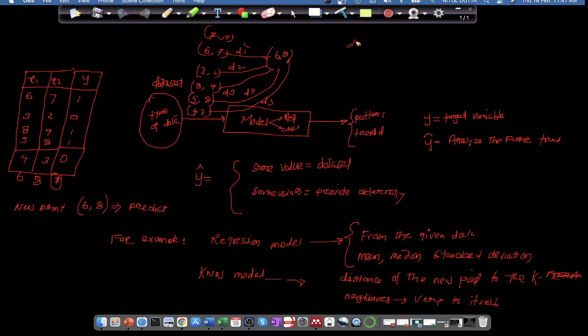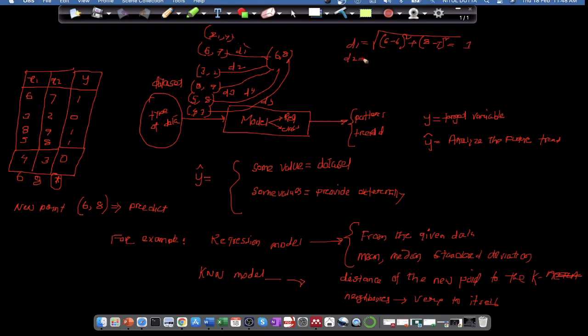Let us say d1 is equal to the square root of (6 minus 6) whole square plus (8 minus 7) whole square, which is equal to, this is 0, 1, so it is 1.